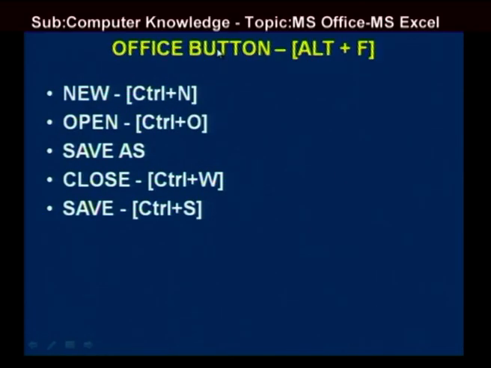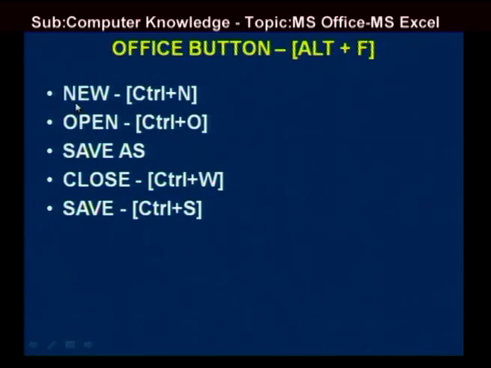Next, the Office button. The Office button consists of New, Open, Save As, Close and Save options. Save As and Save are different. Save As is for creating a new file name, while Save is for an already existing file name, where we just add further topics. Shortcut keys are very important in Excel and Word also for competitive exams.